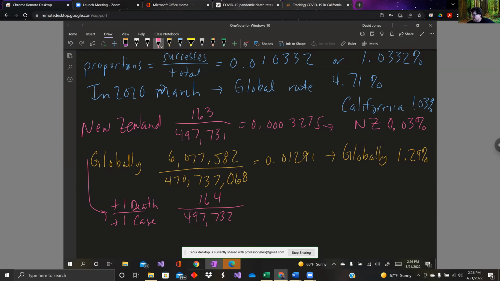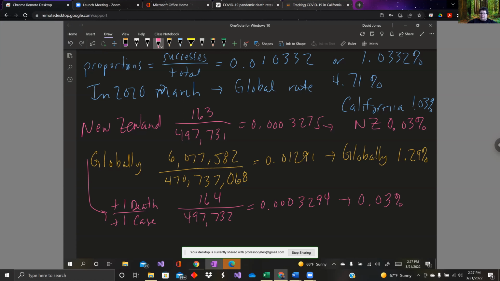I get 0.0003294. And even if I write that as a percentage, it's still 0.03. I haven't moved the needle. That's what the law of large numbers is. As we get larger, it stops affecting it. You need a lot to change to make it affect it.